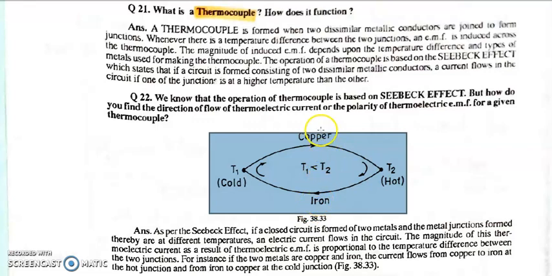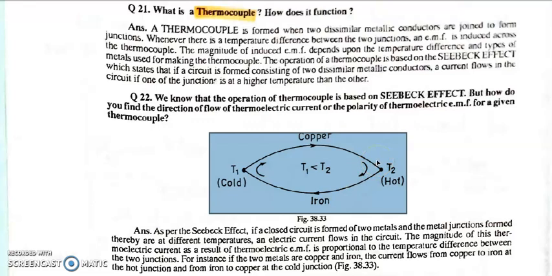If we join the two ends of these two wires, then there will be two joints. The first joint is known as junction 1 and the second joint is known as junction 2, and these two junctions play a major role in temperature measurement.